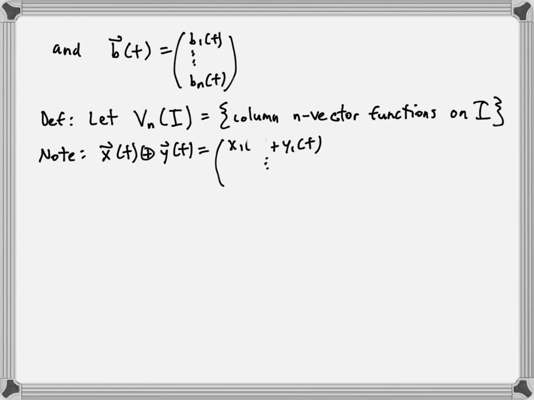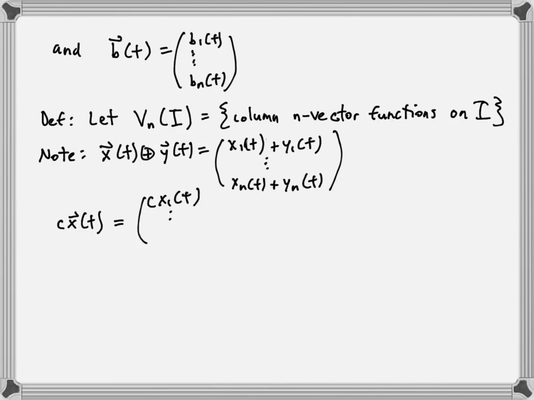Let me make it look a little nicer. Okay, so you just get a brand new function, and of course, if you want to multiply by a scalar, you can do that. You just multiply each function inside by the scalar to create a new function.